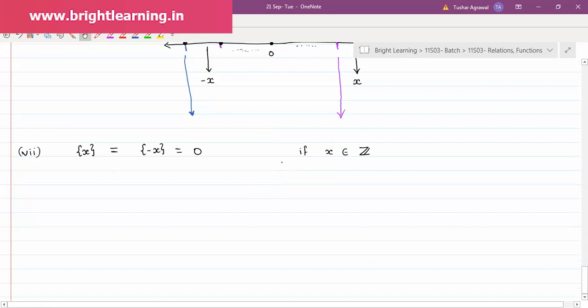Yes, sir. X is an integer, -x is also an integer, so both fractional parts are 0. And if x does not belong to integers, again take help of the number line and find a relation.